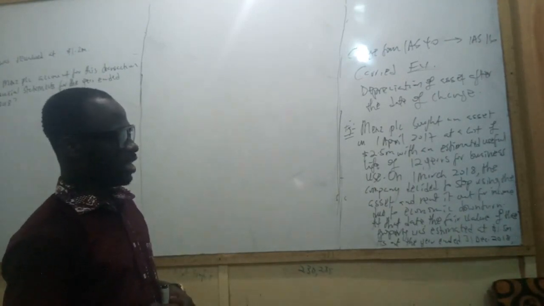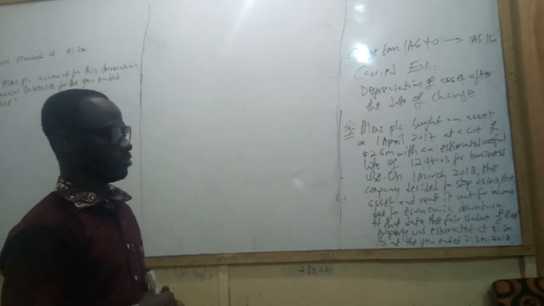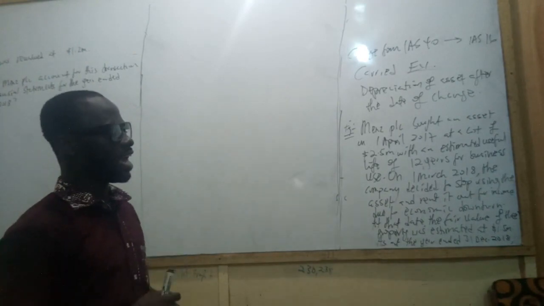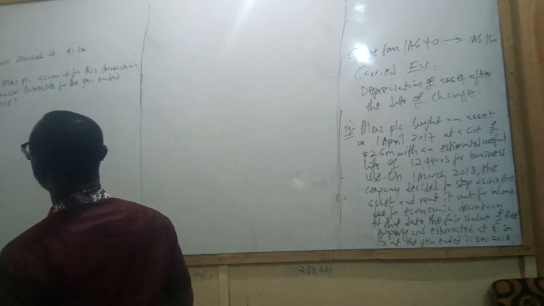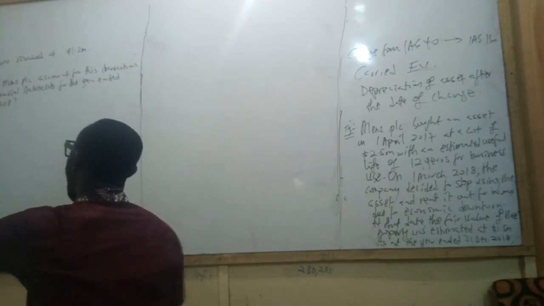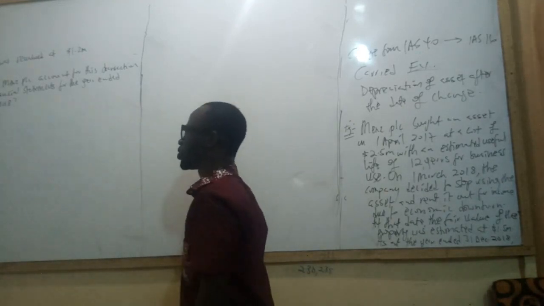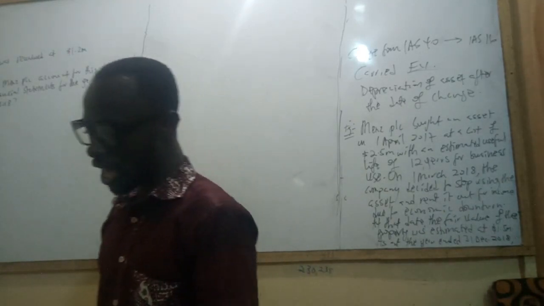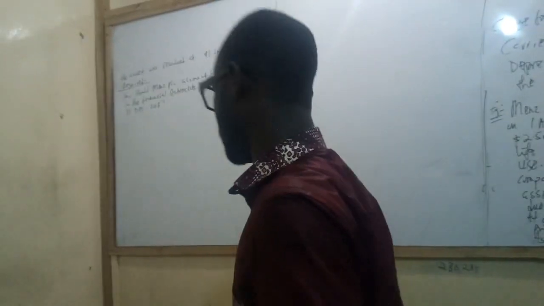At that date, the fair value of the property was estimated at 1.5 million. As at the year ended 31st December 2018, the asset was revalued at what? 1.2 million. Required: how should Men's PLC account for this transaction in the financial statements for the year ended 31st December 2018?